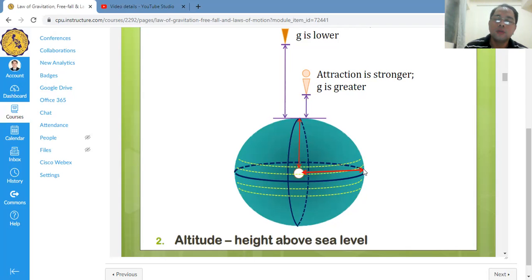Maybe we can think of higher places like mountainous areas, but that's not a very significant height. Maybe you have to really go up into the sky for the object to have a substantial height. So higher altitude has lesser gravitational pull.